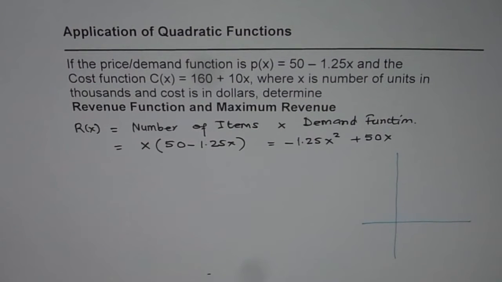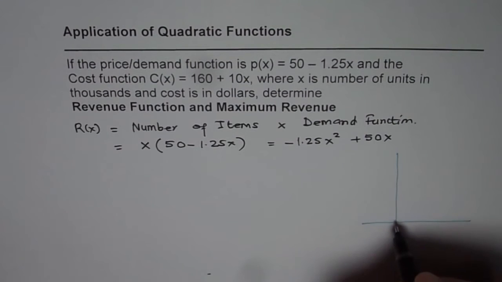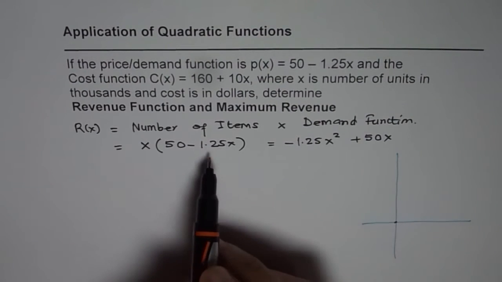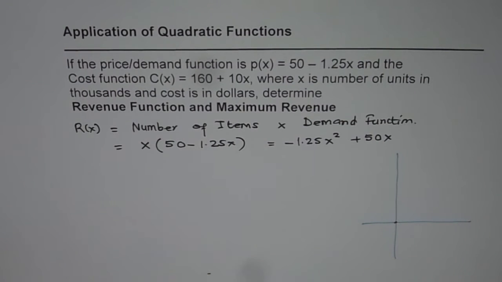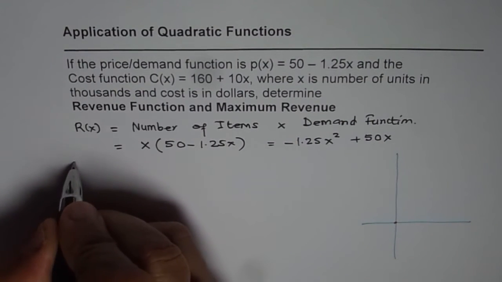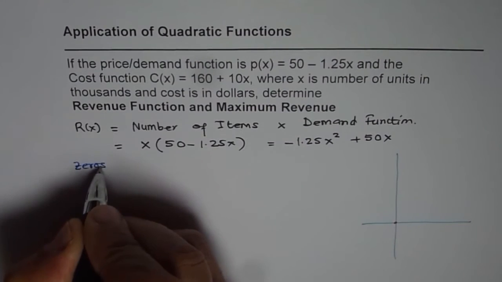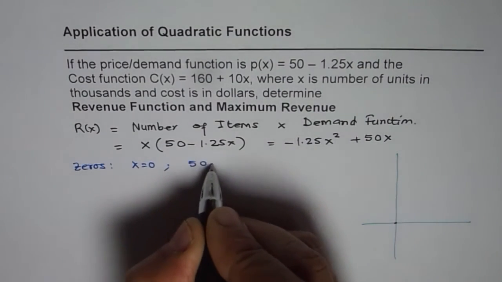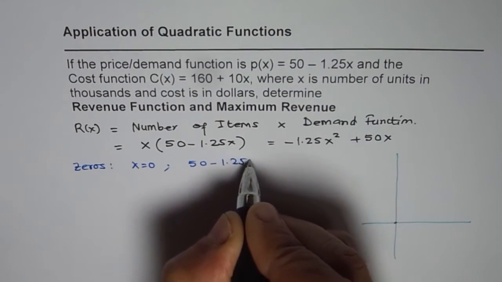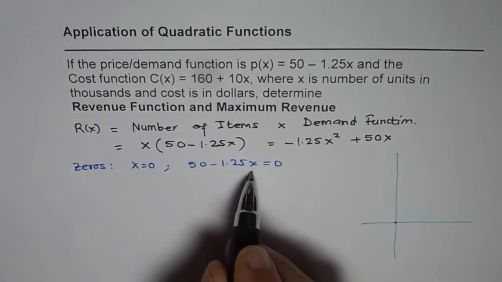As you can see, it has two zeros. One zero is at x equals 0. The other one will be 0 when 50 minus 1.25x is 0, right? So let's figure out where the zeros are. So one zero is at x equals 0. The other one is when 50 minus 1.25x is equal to 0. So that gives us a value.